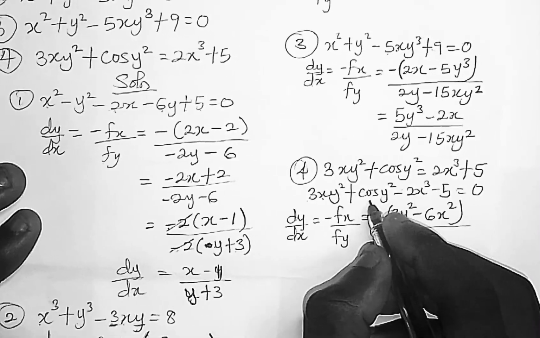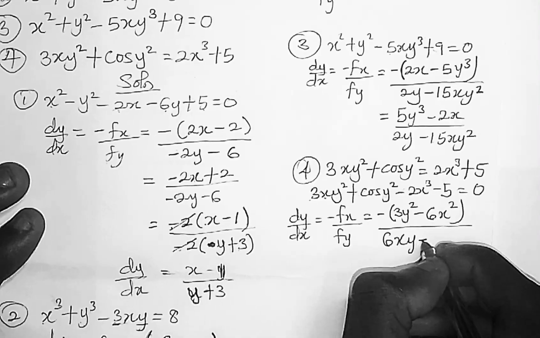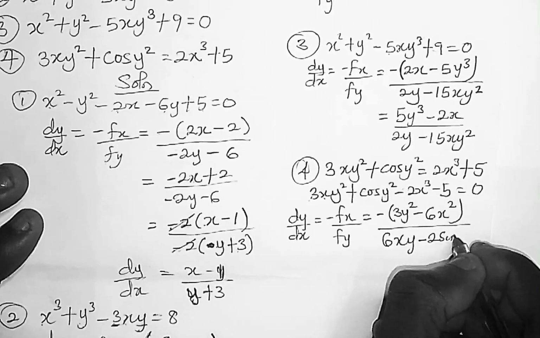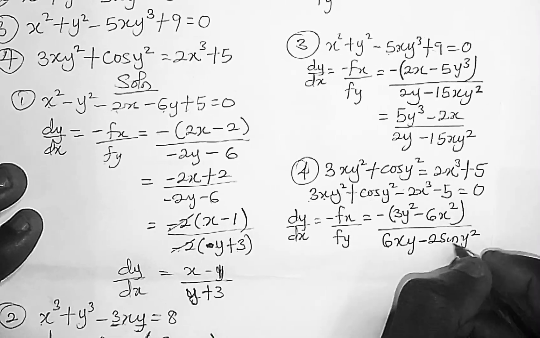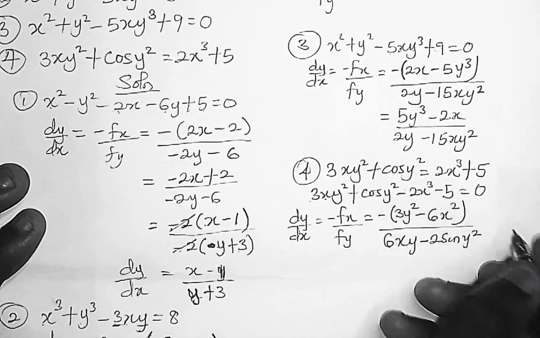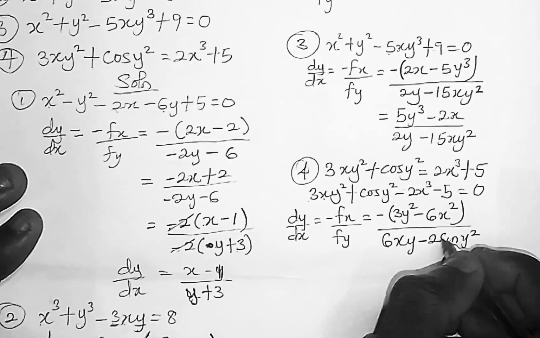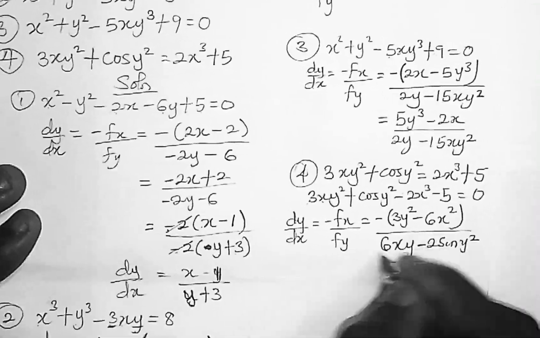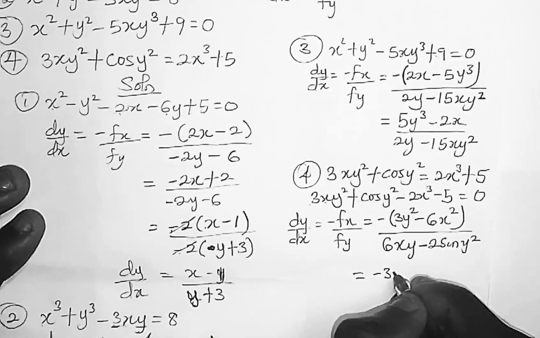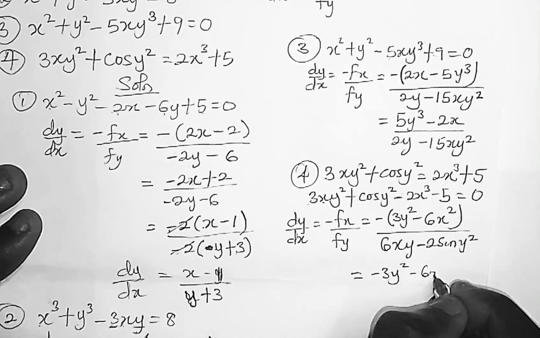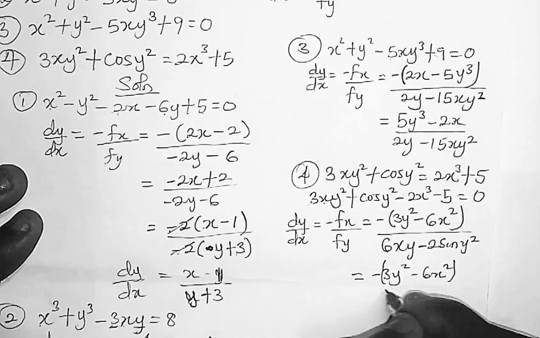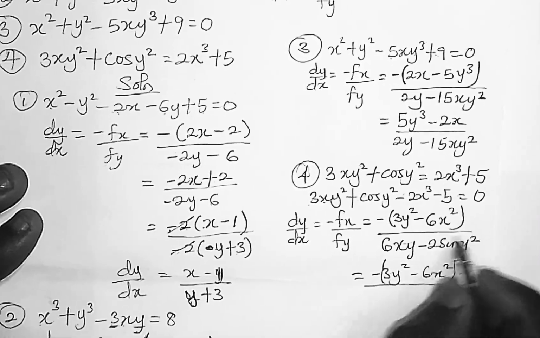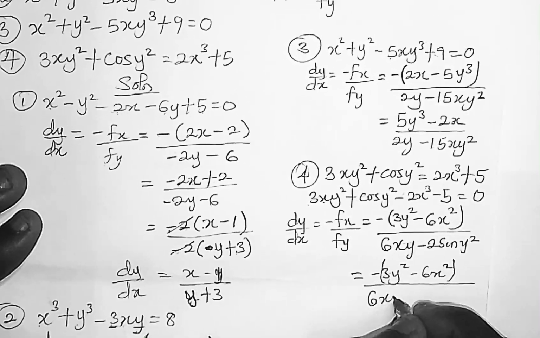Then differentiate cos y squared, that will give you minus 2y sine y squared, because if you differentiate y squared, it will give you 2y. So we have minus 3y squared minus 6x squared all over 6xy, that we've done before.